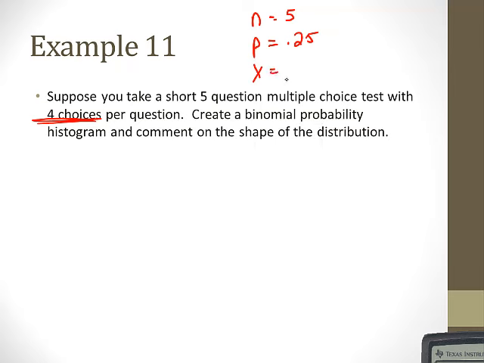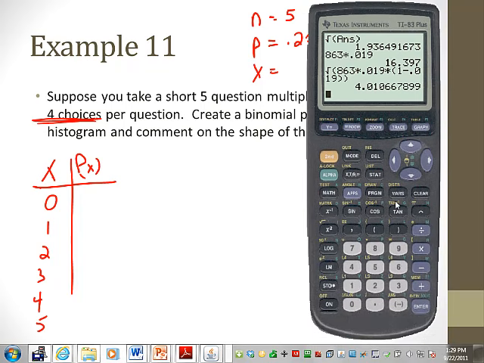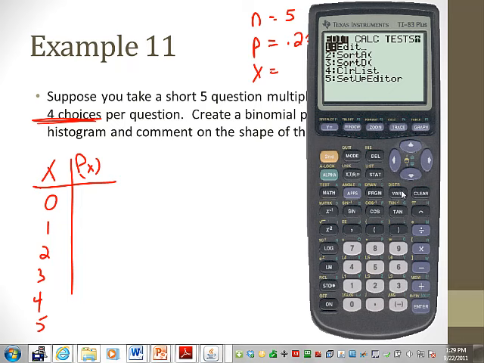And we want all the values for x, right? So we're wanting this distribution here. So there's x, p of x. So we can have 0, 1, 2, 3, 4, or 5, right? So I can have my calculator find those values. Distribution, and then go down to binomial.